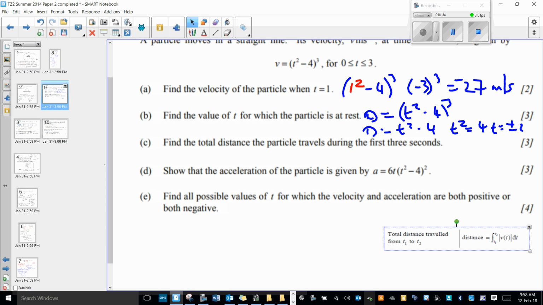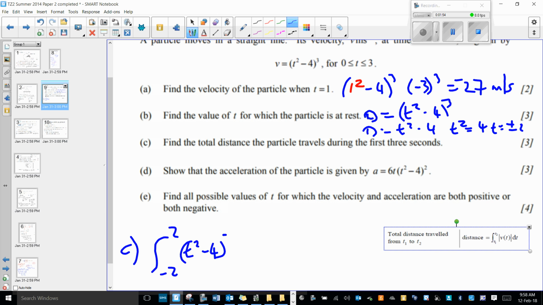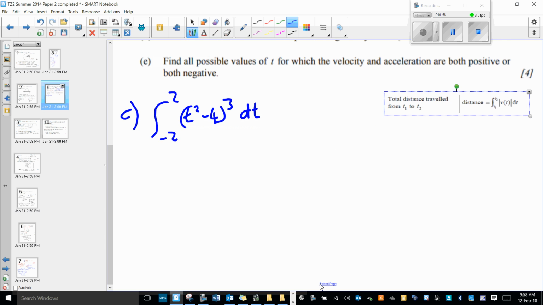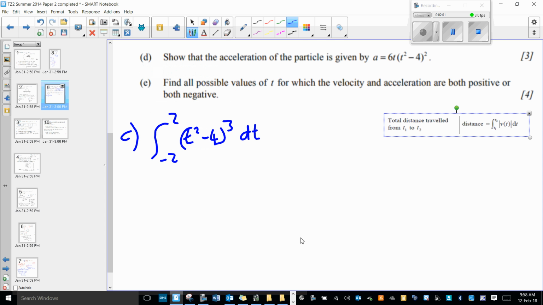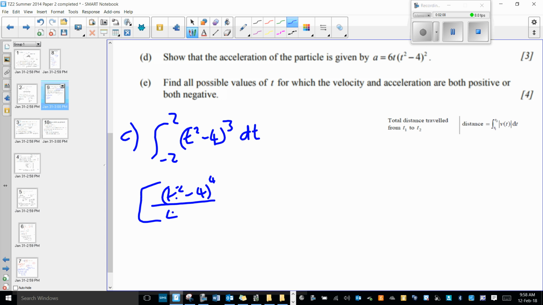So we are finding the integral between 2 and negative 2 of t squared minus 4, cubed. So integrating that gives t squared minus 4 over 4 times 2t.